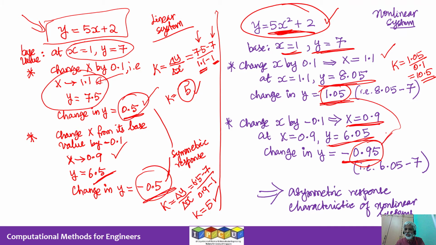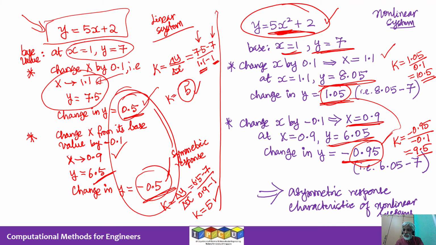So you can see the difference. You didn't see this difference when you work with a linear system. But on the nonlinear system, you see in one direction the change is 1.05 and in the opposite direction the change is minus 0.95. So if you look at the gain of the system here, the change in the output is minus 0.95 divided by the change in the input, which is 0.1 negative. This will give you 9.5.